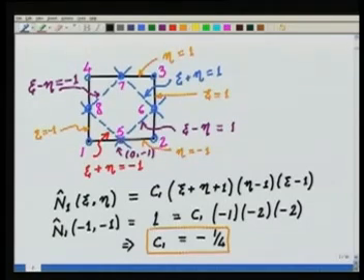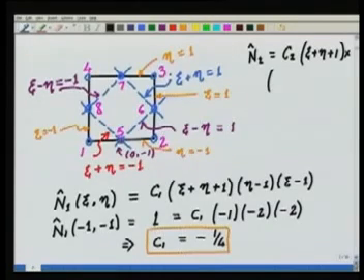So I will write N2 hat is equal to C2 into psi plus eta plus 1 into eta minus 1 into psi plus 1.